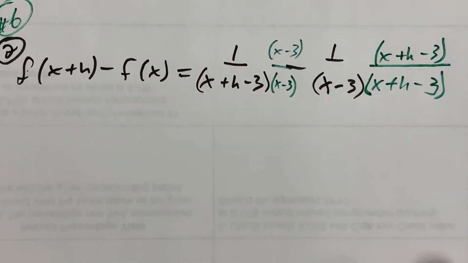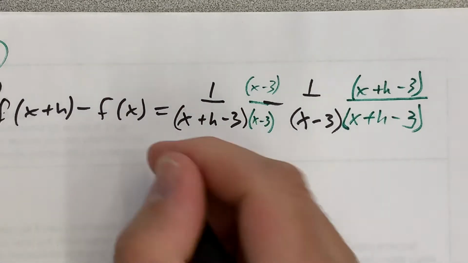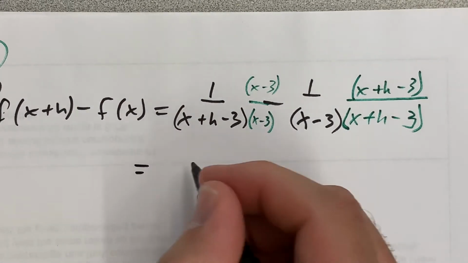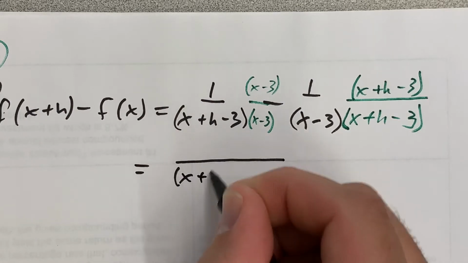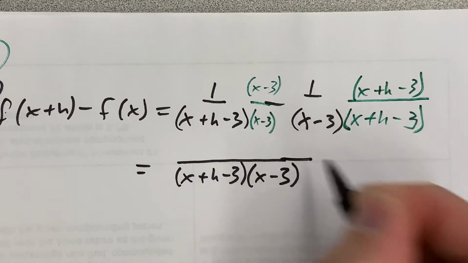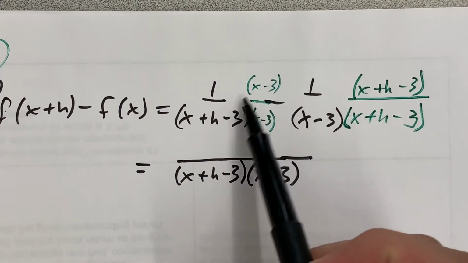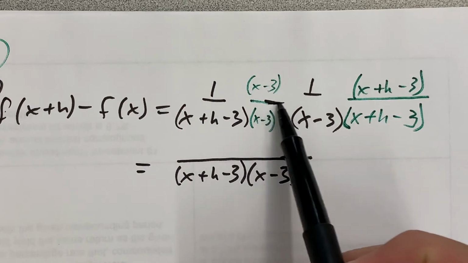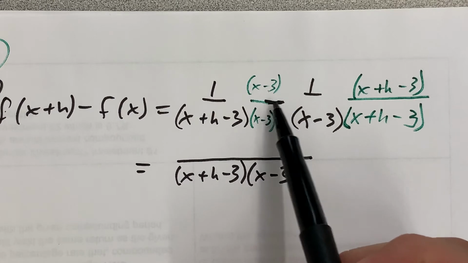All right, so let's clean this up. First thing is, we have a common denominator now, so I'm just going to write that. So I have x plus h minus 3 times x minus 3. That's my denominator. And then I have on top x minus 3 minus this expression.